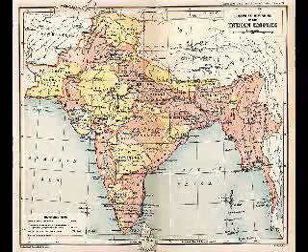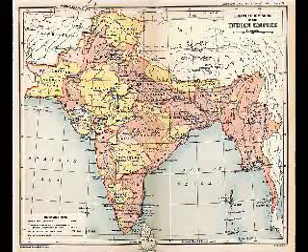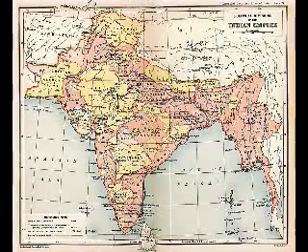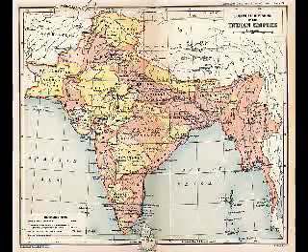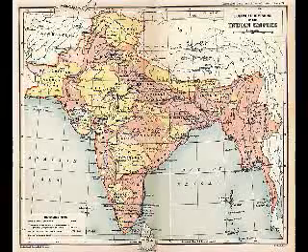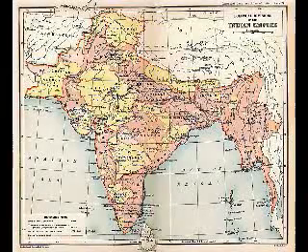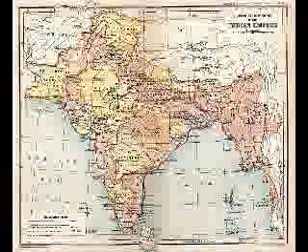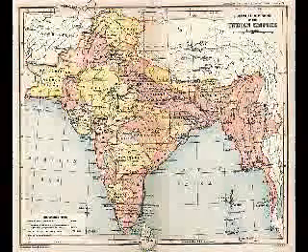5.3.3 Land Revenue Policy. After assuming control in different parts of India, the company followed a number of methods for the collection of land revenue depending on the local conditions. Mostly it was in the form of revenue farming.